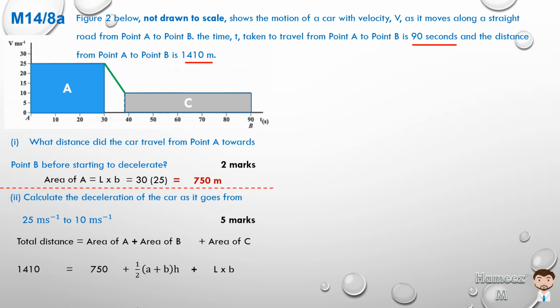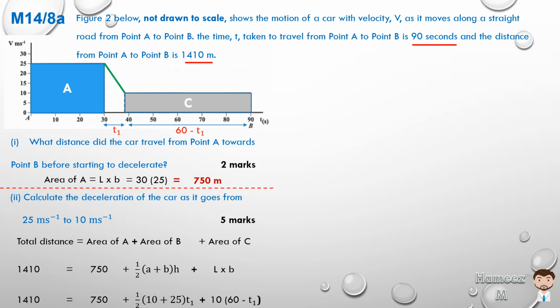And if we substitute, 1,410 is equal to 750 plus a half times what are the parallel sides of that trapezium, 10 plus 25, times T1, because we do not know that time, plus the area of C, which is 10 times (60 minus T1).